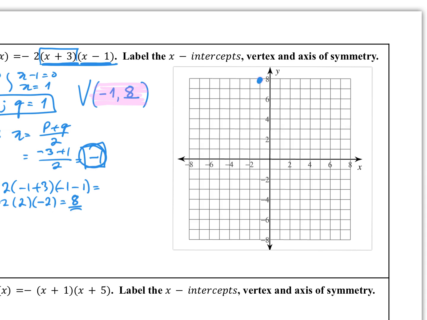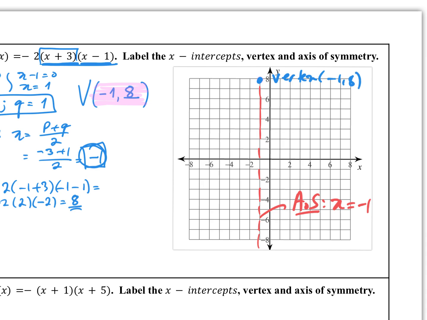Our axis of symmetry is still going to be the same, on negative 1. So let's use just this one. This red part is going to be your axis of symmetry, located at x equal to negative 1. Our vertex is located at negative 1 and then 8.